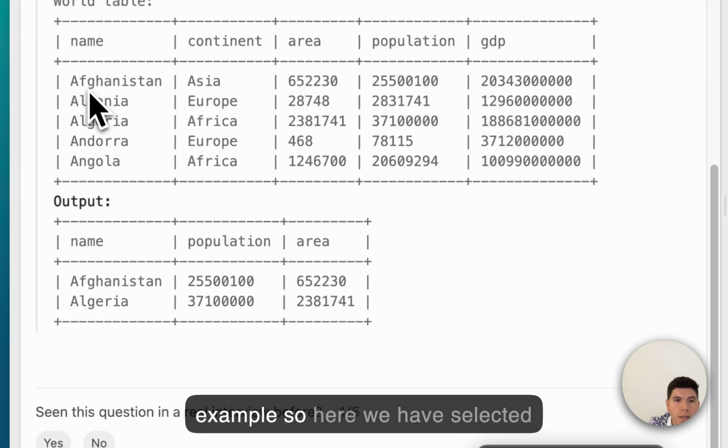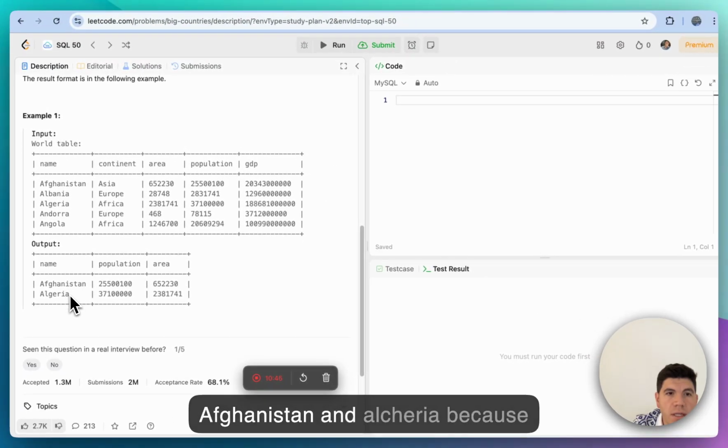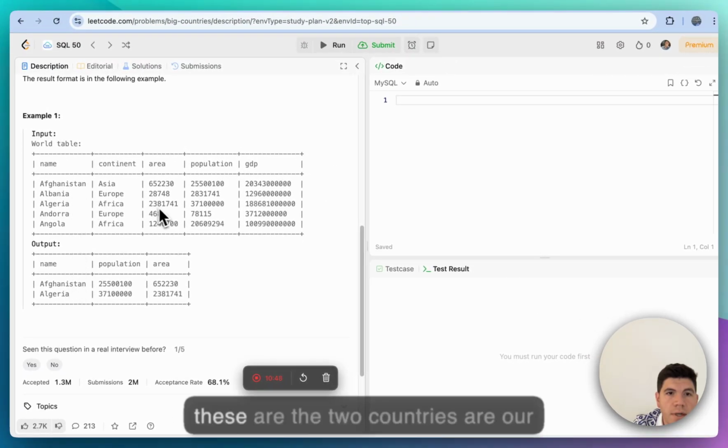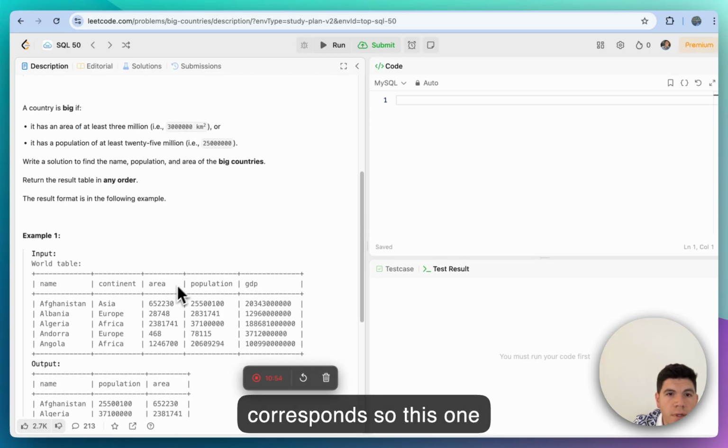Here's the example. Here we have selected Afghanistan and Algeria because these are the two countries that correspond.